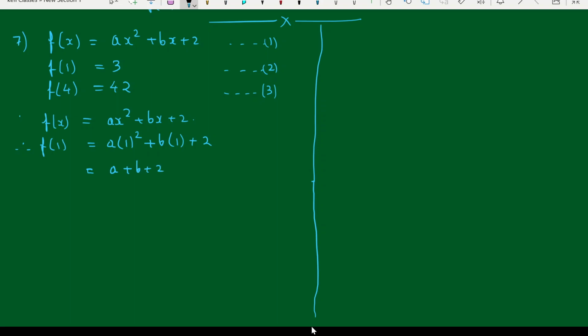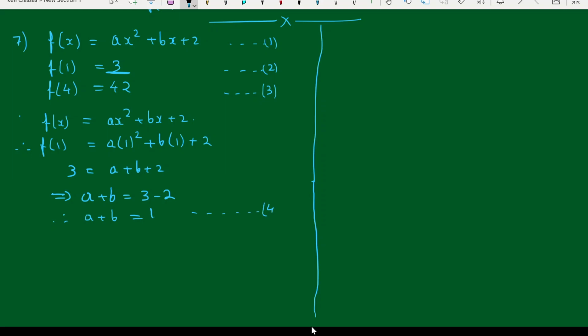But f of 1 is given as 3. So 3 is equal to a plus b plus 2. This implies a plus b is equal to 3 minus 2, and therefore a plus b is equal to 1.